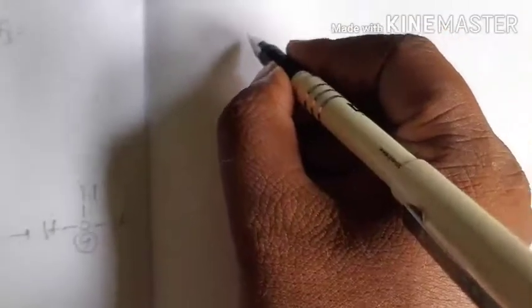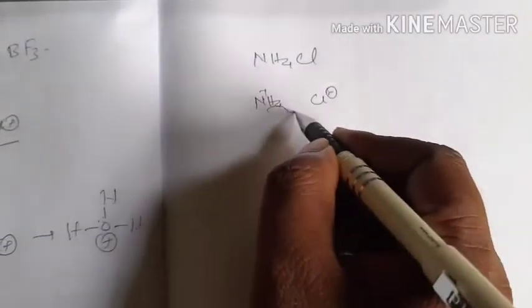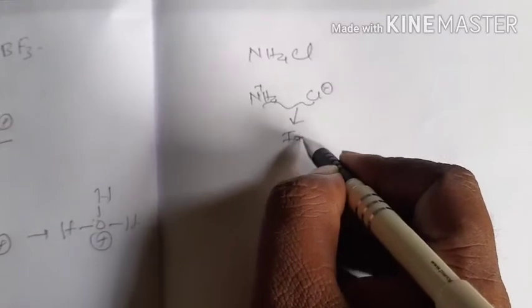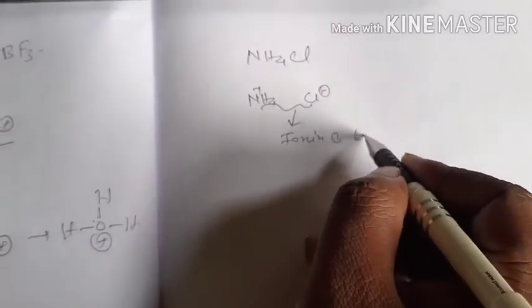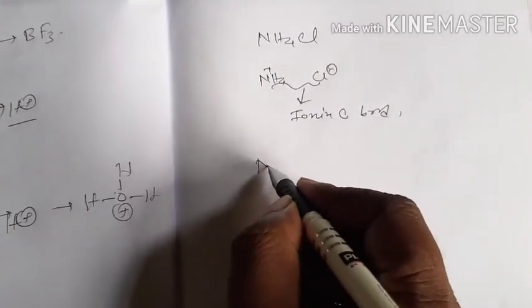But there are certain species which have all three types of bond. Just see NH4Cl. It is formed by the combination of NH4+ and Cl-. That means there is an existence of ionic bond. And again see NH4+, how it is formed?